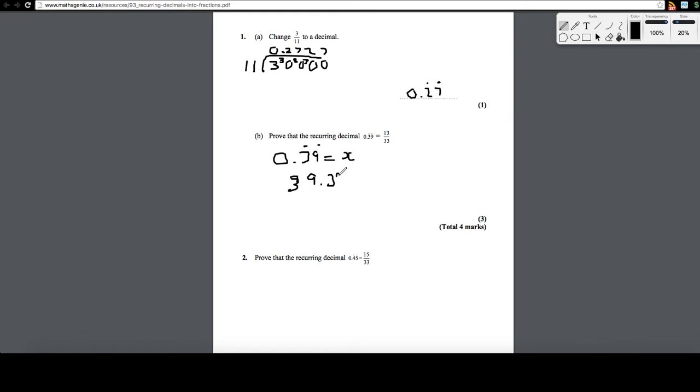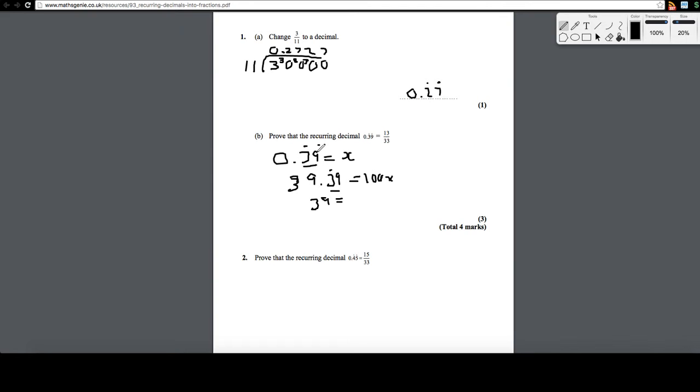39 as it's recurring, there will always be a 39 in the decimal, equals 100x, okay? Because we've timesed both sides by 100. If we're going to get rid of the decimal, what you really want to do is get rid of this 39 here.